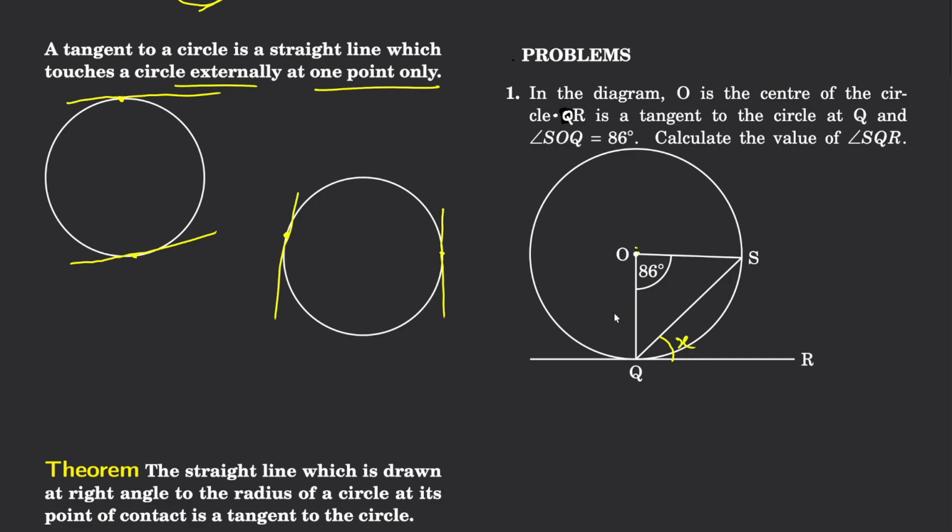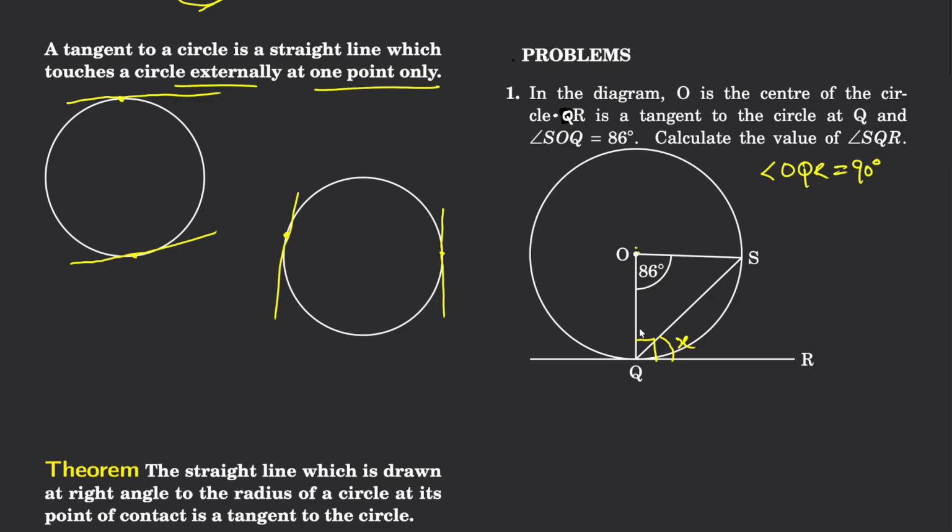Now remember that our theorem says that the angle between the radius and the tangent at the point of contact is 90. So angle OQR is equal to 90 degrees.